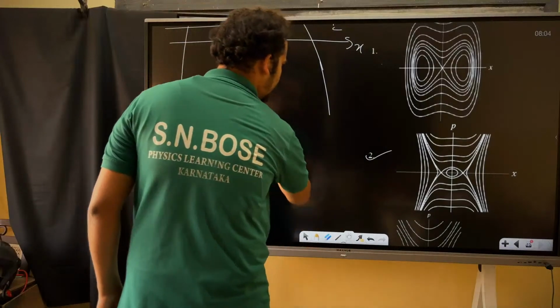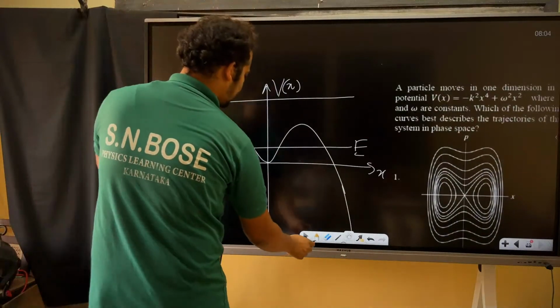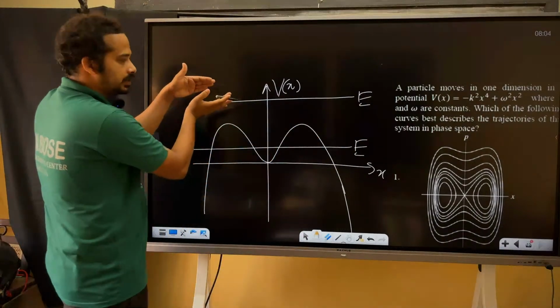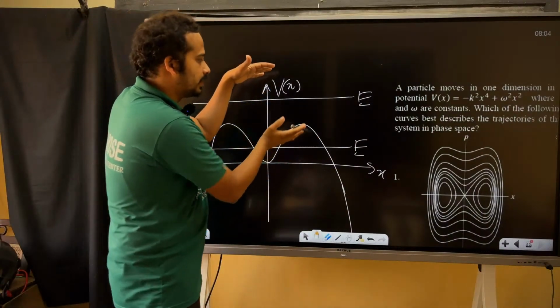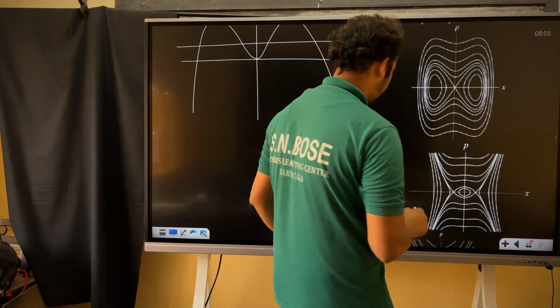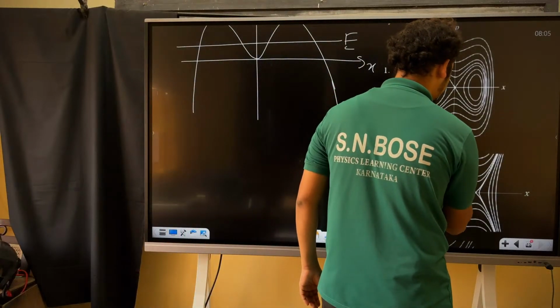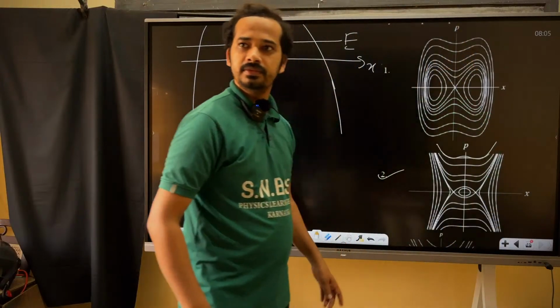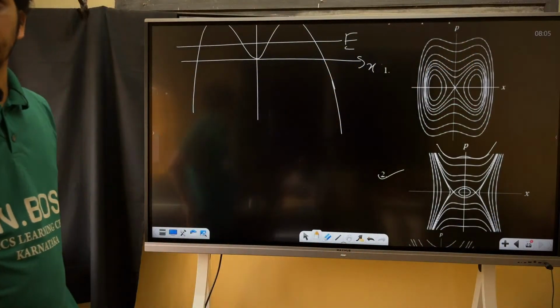Or you can see here, if I take this energy, what is happening? Kinetic energy decreasing, slightly increasing, decreasing, again increasing. Can you see here? Momentum was higher, decreasing, slightly increasing, decreasing, again increasing. Those you can observe actually.